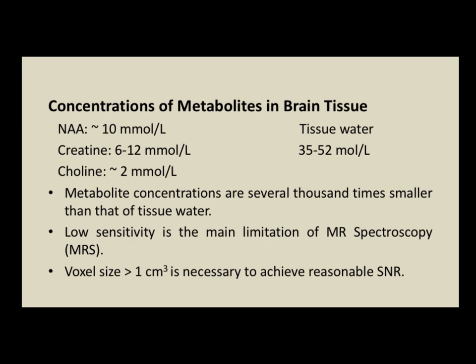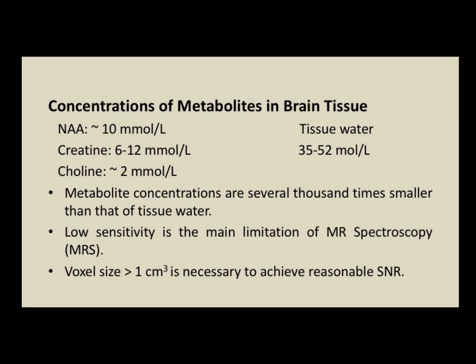On the other hand, the tissue water concentration is 35 to 52 mole per liter, which is about 4,000 times higher than the metabolite concentrations. This is why we cannot normally do imaging for metabolites, because their concentrations are just too low. So low sensitivity is the main limiting factor of MR spectroscopy.